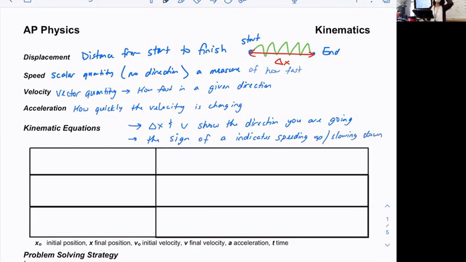So if you're speeding up, what are the requirements for velocity and acceleration? They have to have the same sign. If you're slowing down, it's going to be opposite signs.